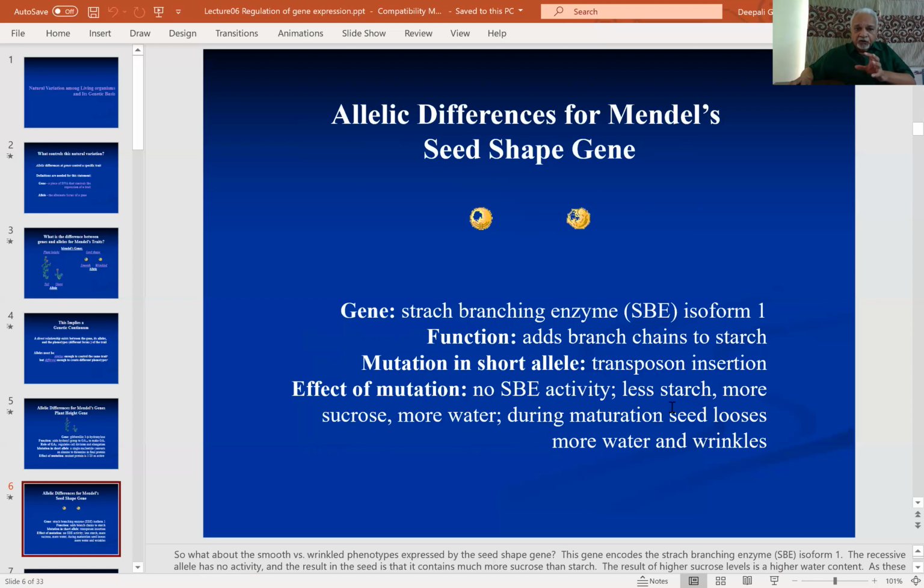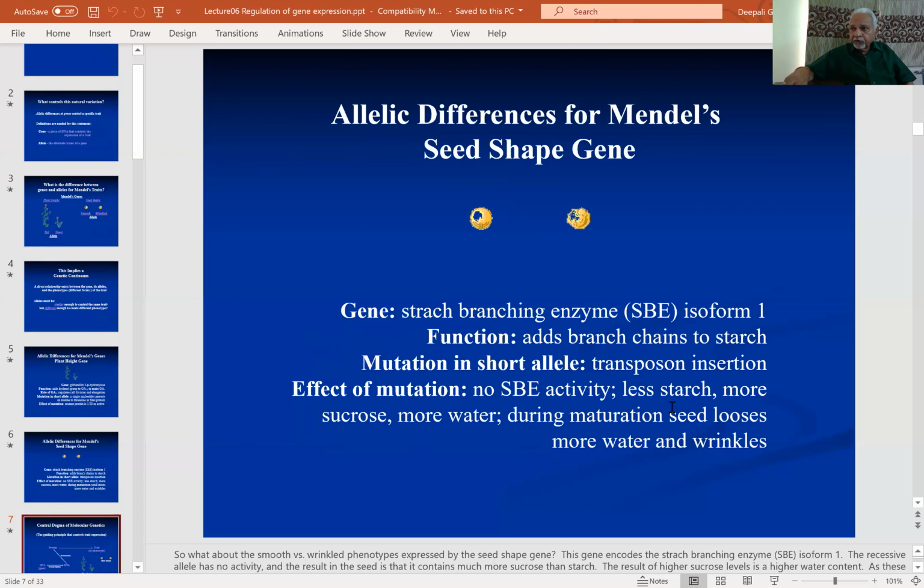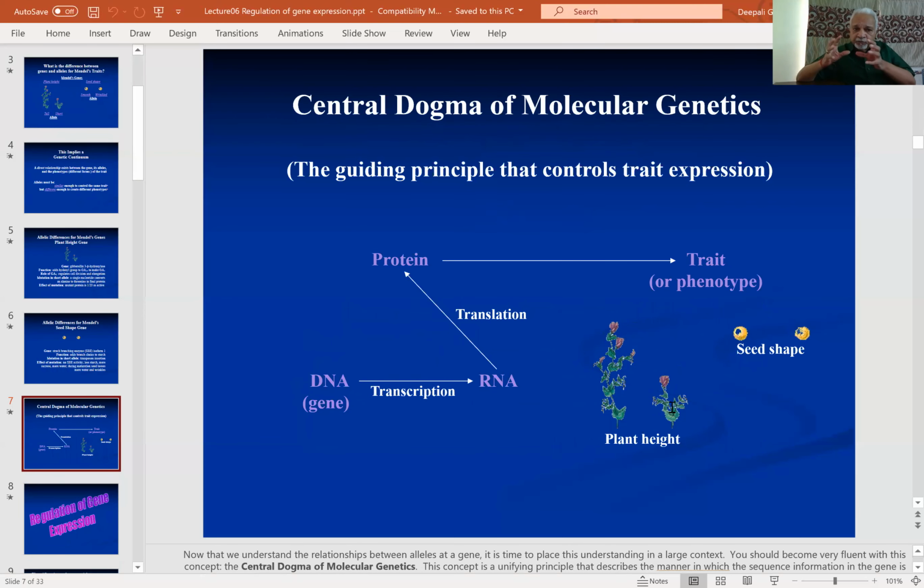Okay, so to summarize what I had been talking about, the concept which came up based on these kinds of studies is that a trait, either plant height or this, is controlled by a gene at the DNA level, which transcribes to RNA and then translates to protein, and then the protein reflects to the phenotype.